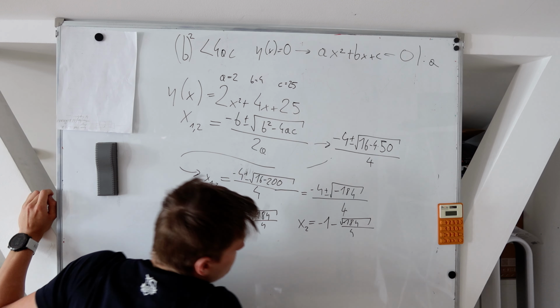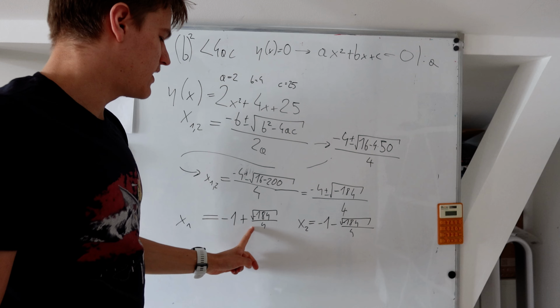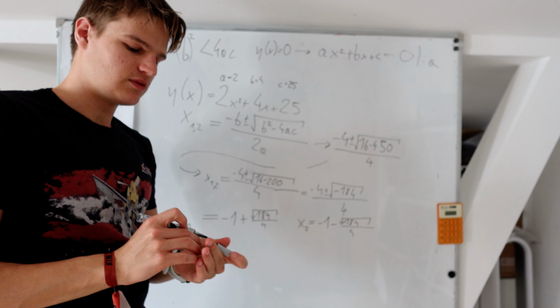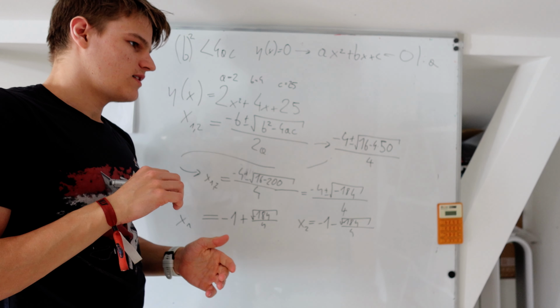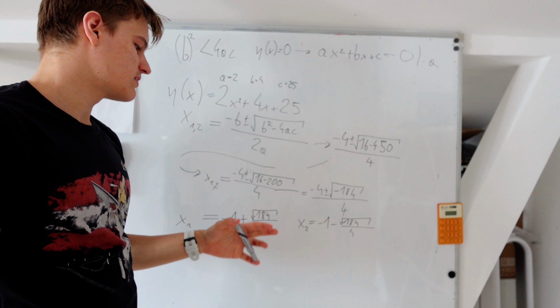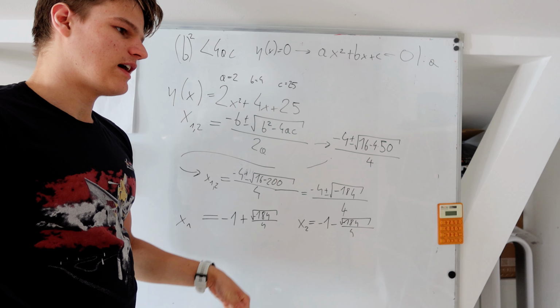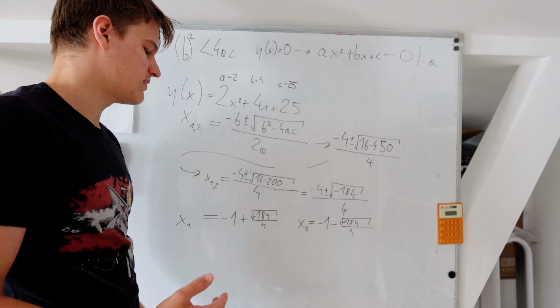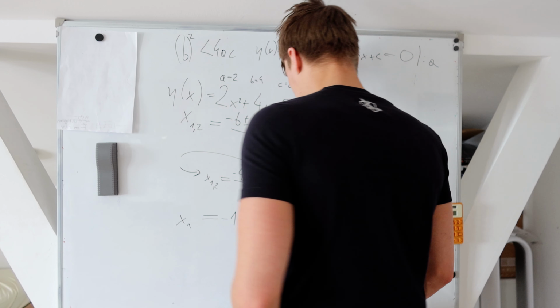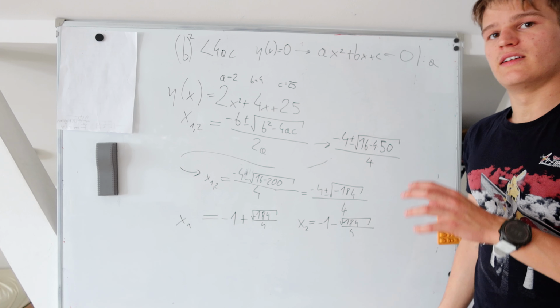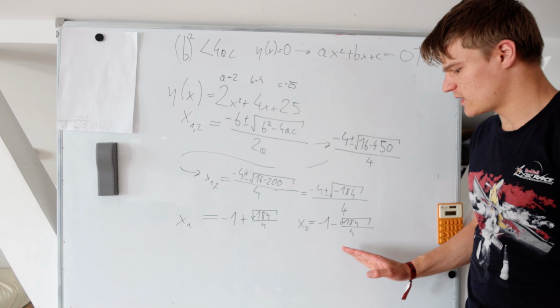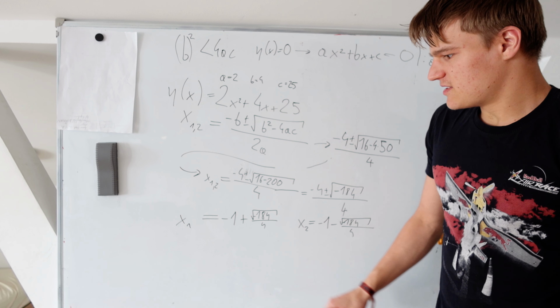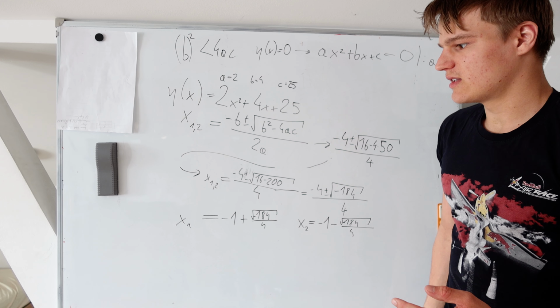Now the important thing to notice here is that we have a negative sign in the square root. So what does this mean? How can we interpret this? What is this even saying? Well, when we have a negative sign in the square root, that means we're taking the square root of a negative number.